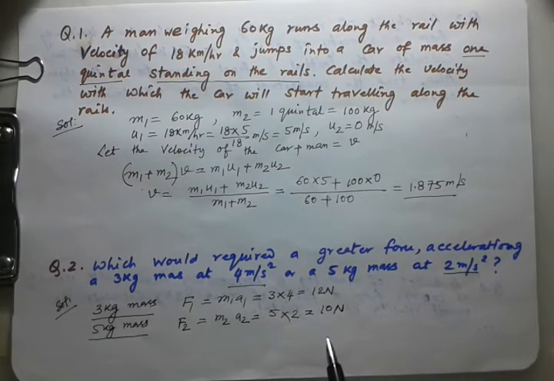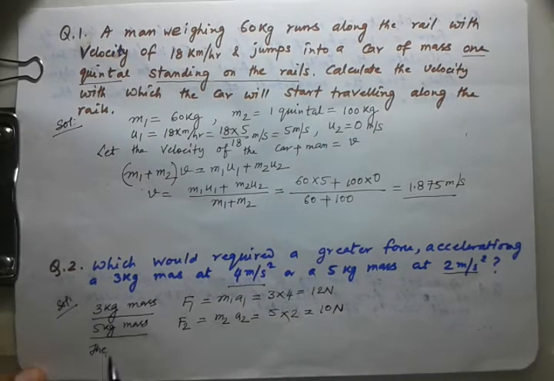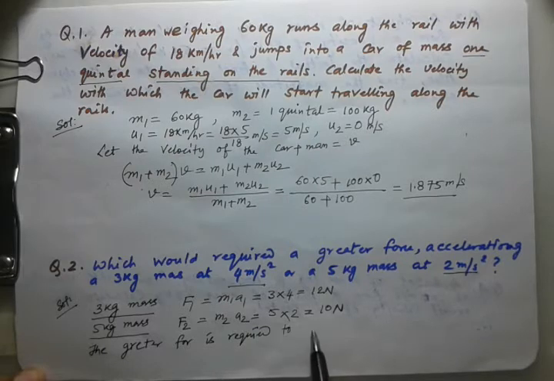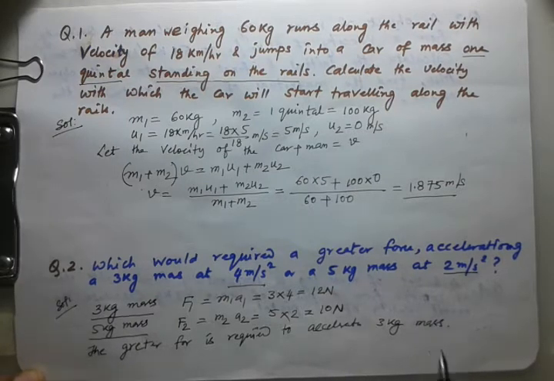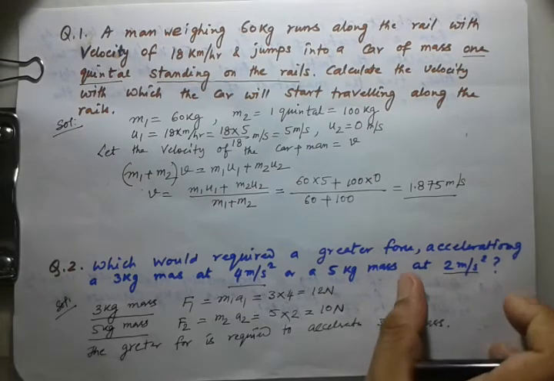So the greater force is required to accelerate the 3 kg mass. Okay, so this is the answer. Now we go to the next problem. Next page, just a minute.